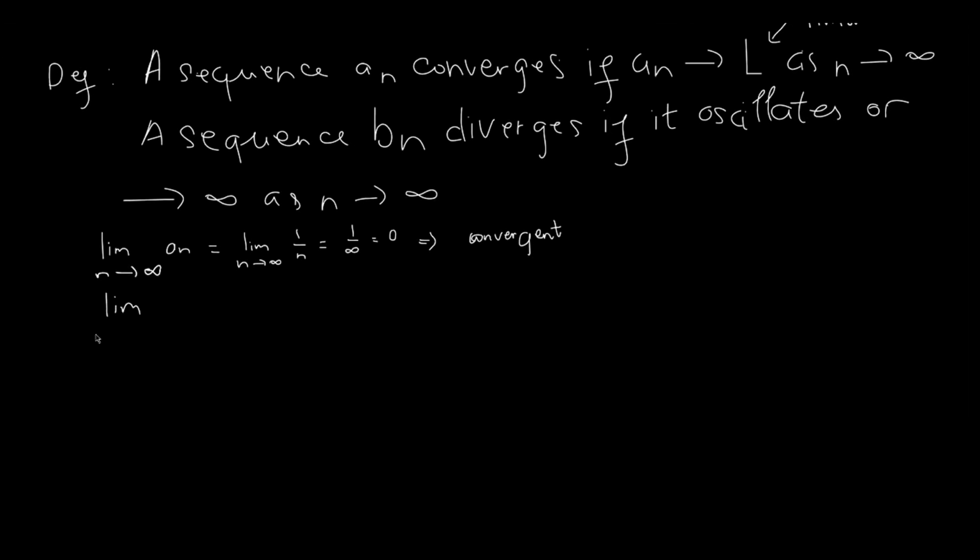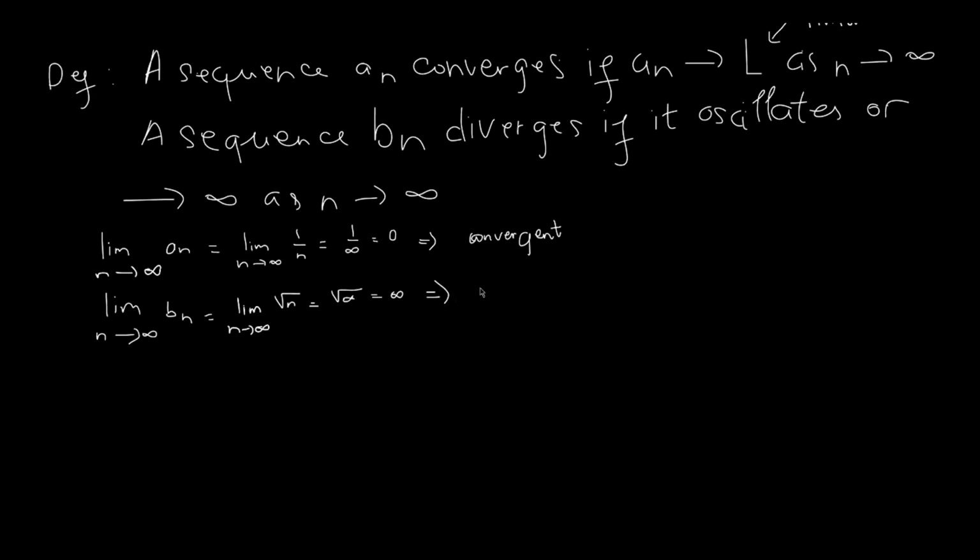So the sequence an is indeed convergent. For sequence bn, which equals square root of n, the sequence of square root numbers, we substitute n as infinity and get square root of infinity. The square root of infinity is just infinity.